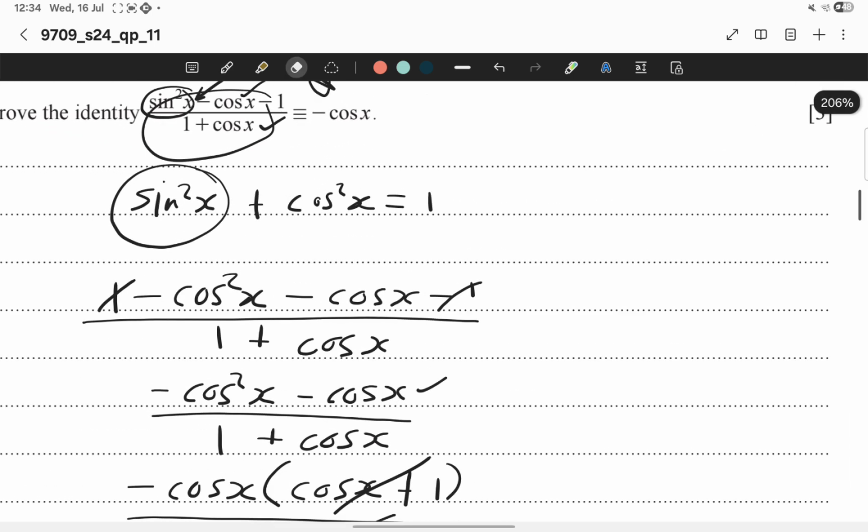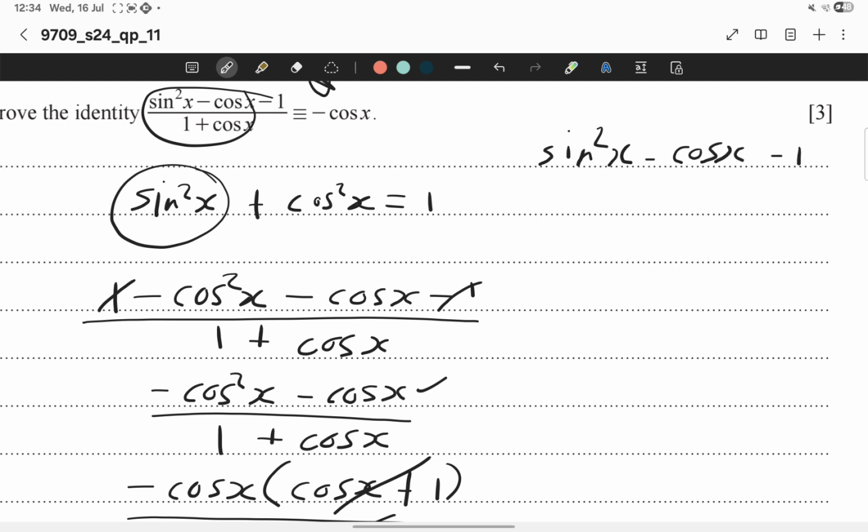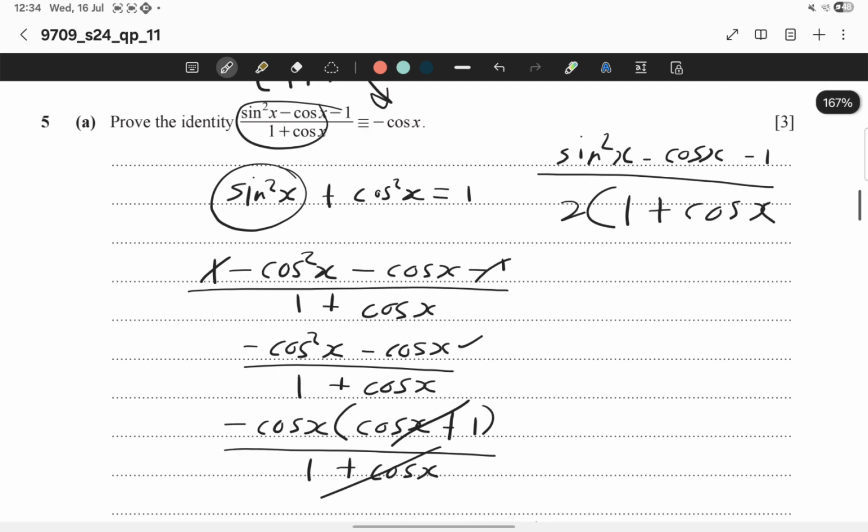So if we divide this by 2, it will be like multiplying it by half. So it will be sine squared x minus cos x minus 1 over 2 times (1 plus cos x), and that will be 2 plus 2 cos x.